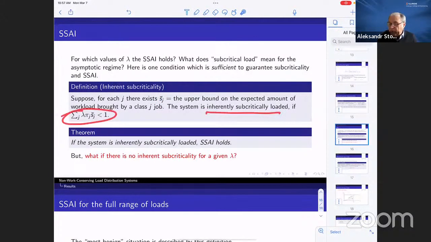So we assume the worst case, and if the system is inherently subcritically loaded, then yes, the Ansatz holds. This is true, but it is a less interesting question. The real question is, what if you don't have inherent subcriticality? So what do we do?